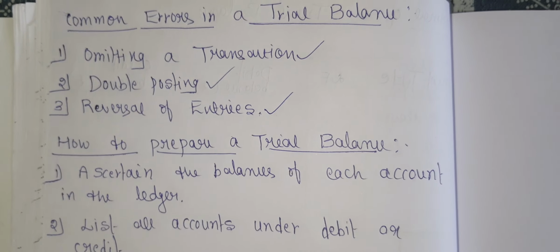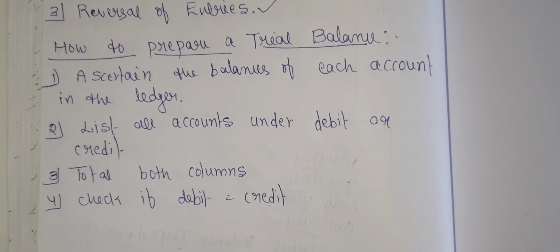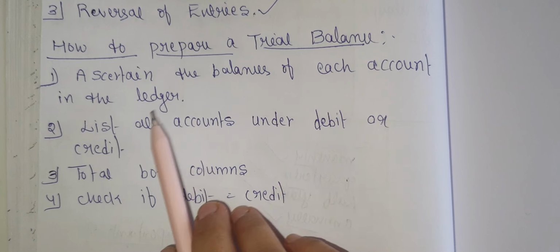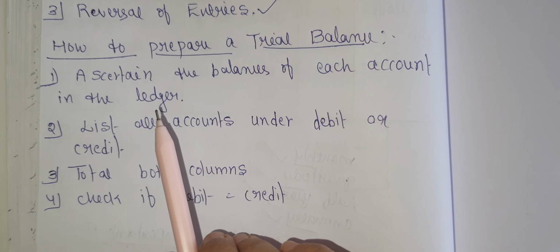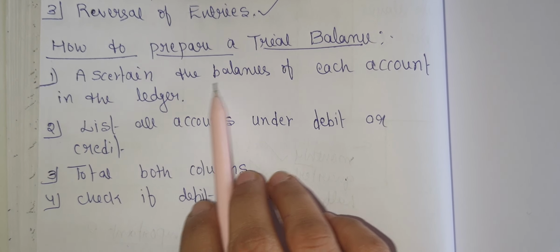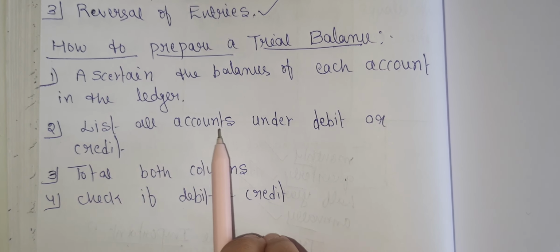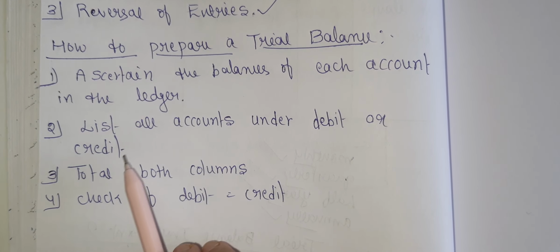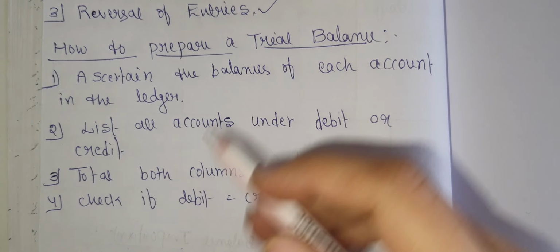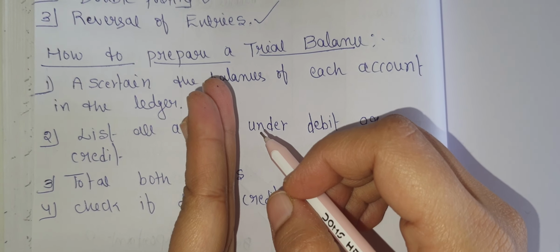Next, how to prepare a trial balance. What are the steps? First, ascertain the balances of each account in the ledger, because before preparing the trial balance we need ledger accounts. Second step is to list all accounts under debit or credit: list each account and place its balance in the debit or credit column.